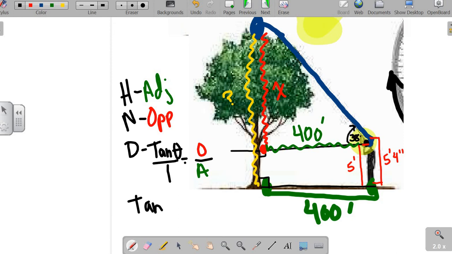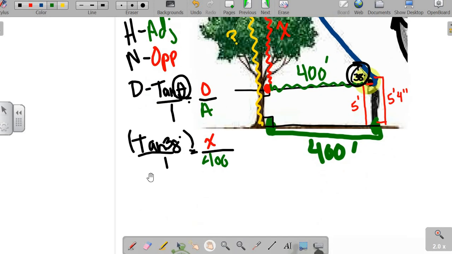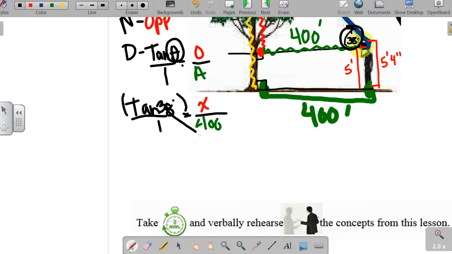That's tangent. Our theta there is 38 degrees over 1 equals opposite, which is X, over adjacent, which is 400. Cross multiply. Tan 38 times 400 equals our X. And it's not your final answer, but that is X.